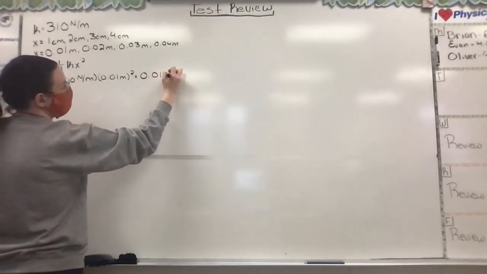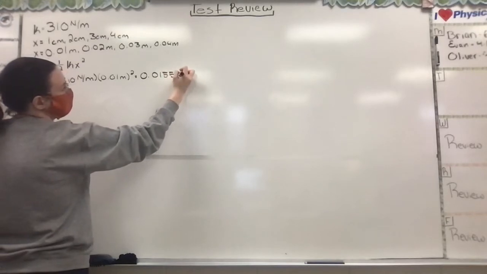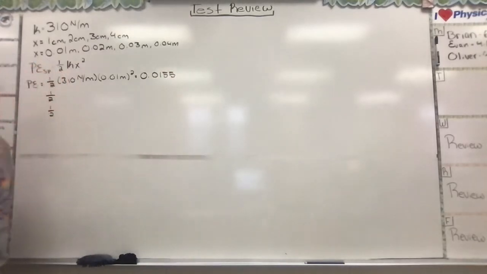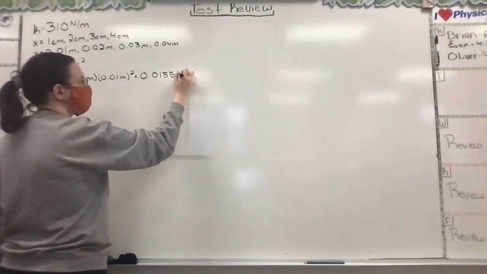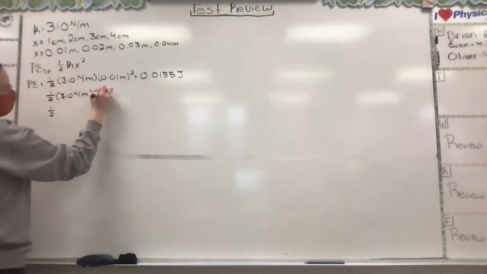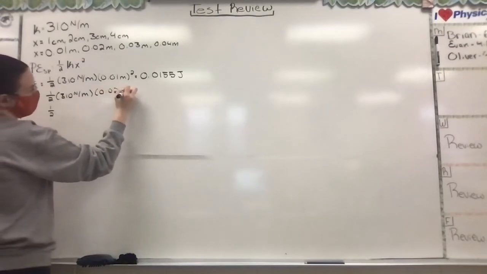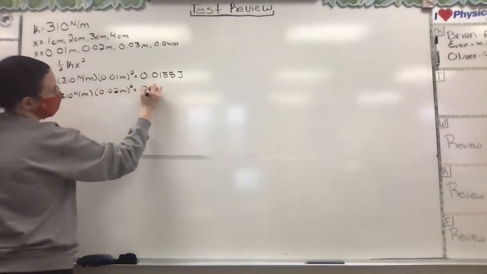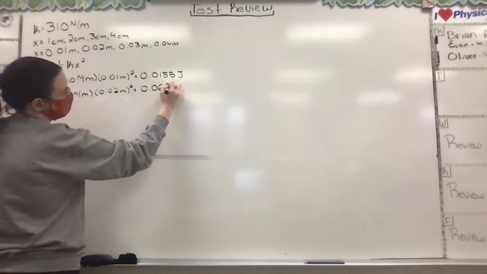0.0155. What are the units? What are the units for potential energy, you guys? Joules. It's energy. Energy is always joules. You said 0.062? Yep. Everybody agree?